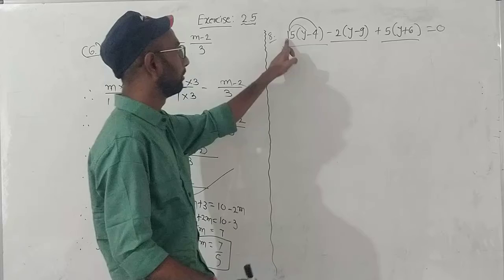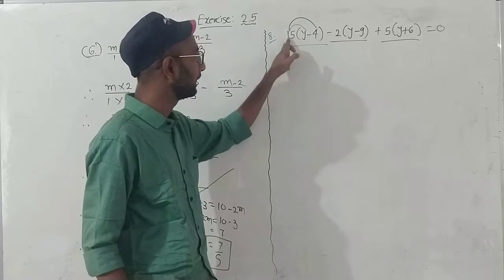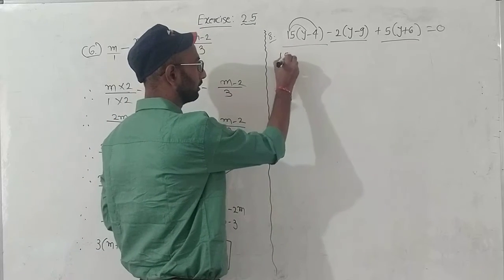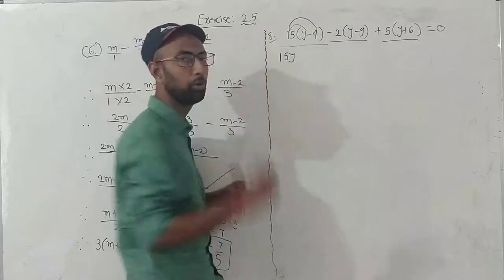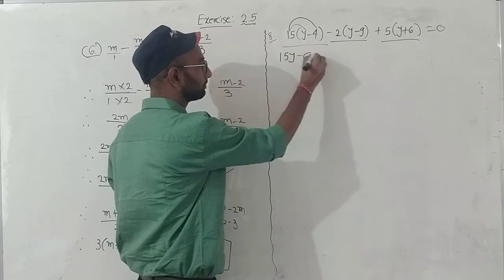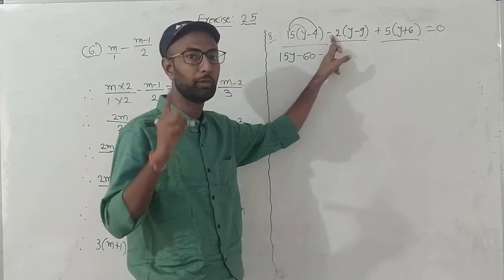Same thing we will do here. 15 will be multiplied by y, so 15y and 15 will be multiplied by 4. So 15 4s are minus 60. Okay. Now be careful because here we have been given a sign of minus.